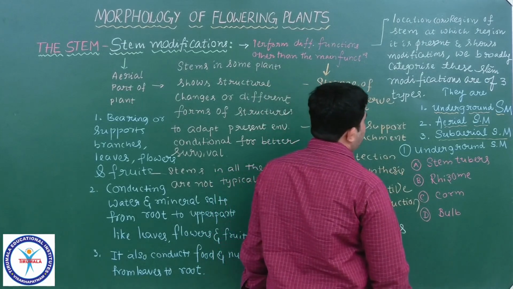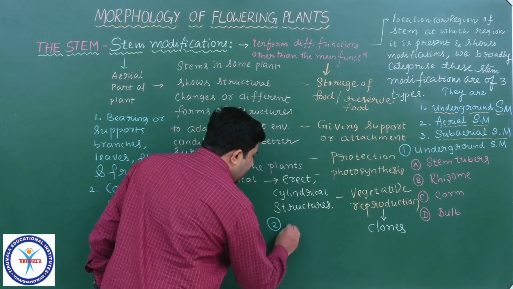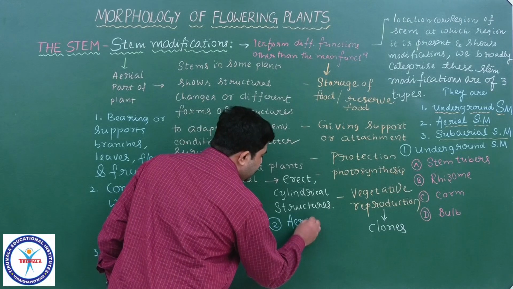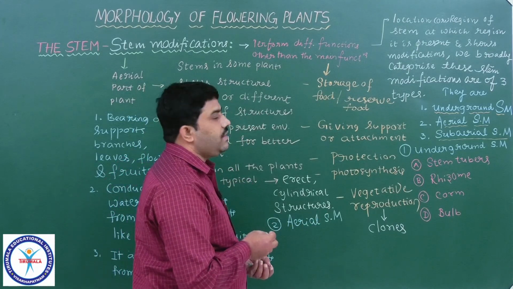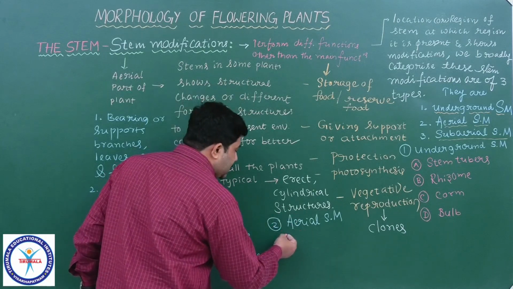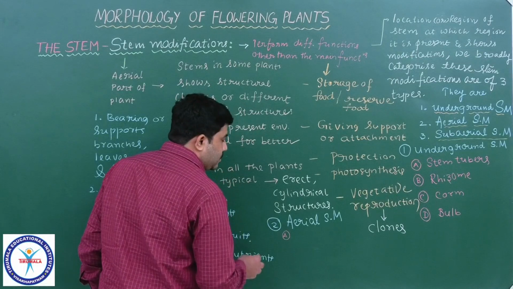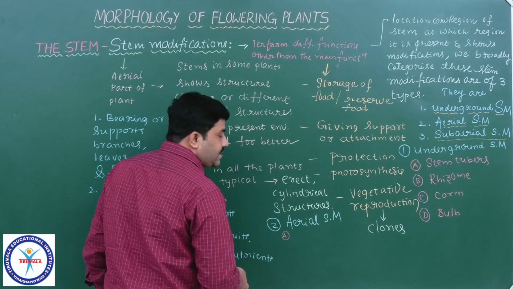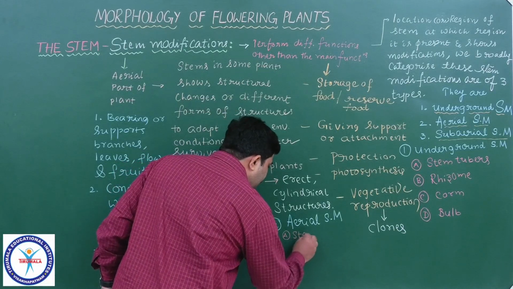The next category is the second one, aerial stem modifications. Different types of stem modifications are given under aerial stem modifications. Here also we label them with the letters ABCD. In that, the first one is stem tendrils.